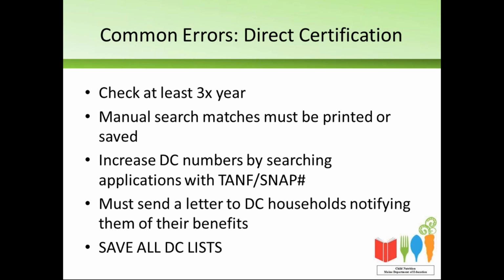You can increase your direct certification numbers by doing those individual searches. Many schools, for all categorical applications, will do the search. If they get them on the search, that application is put in a different file. That application is not counted for the verification process, which we'll talk about later.